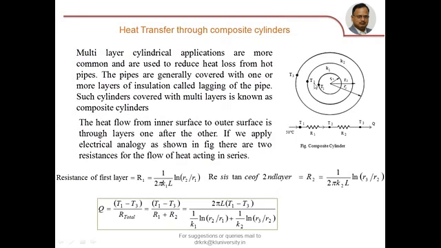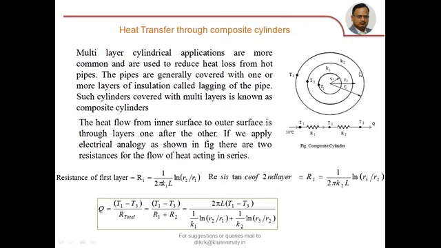Now, this resistance is the resistance offered in radial direction for the heat transfer in a cylindrical system. Hence, as we have seen earlier, the cylinder conduction resistance formula is 1 by 2 pi KL log R2 by R1. Hence, the conduction resistance offered by the first layer is 1 by 2 pi K1 L into log R2 by R1.